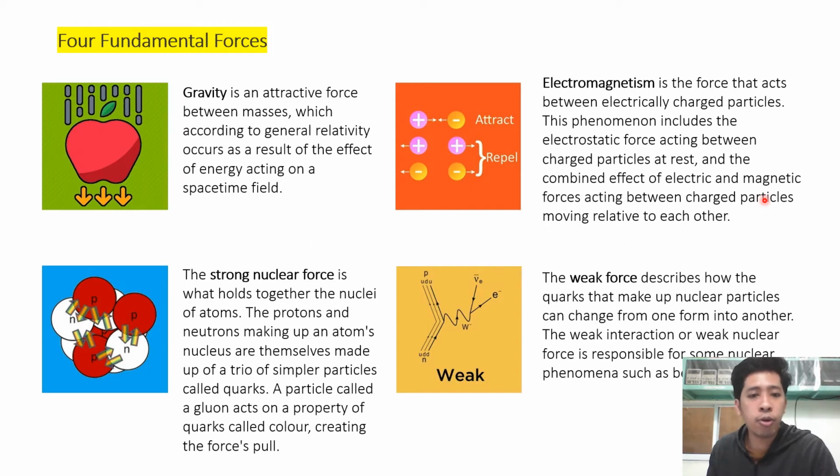A particle called the gluon acts on a property of quarks called the color, creating the force pull. So you have your gluon that acts on your neutron and then your proton to hold them together.